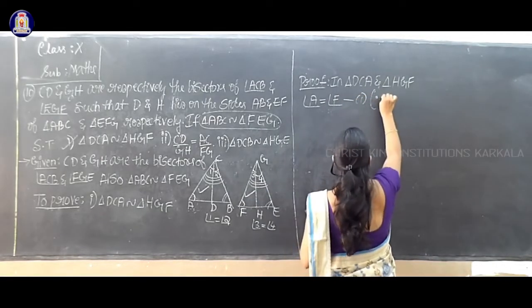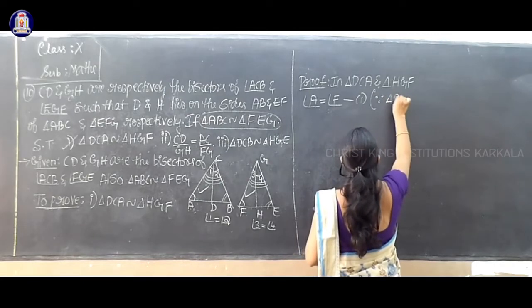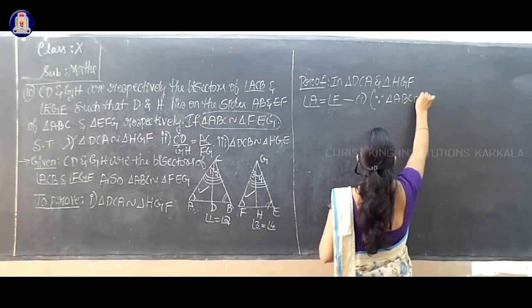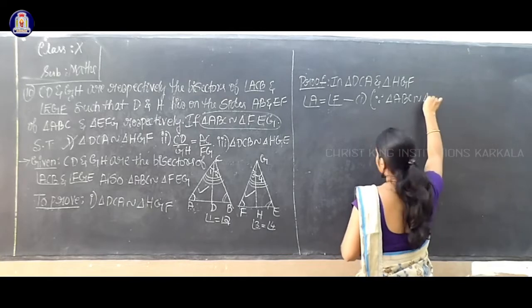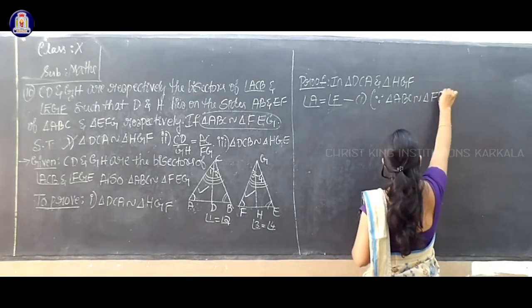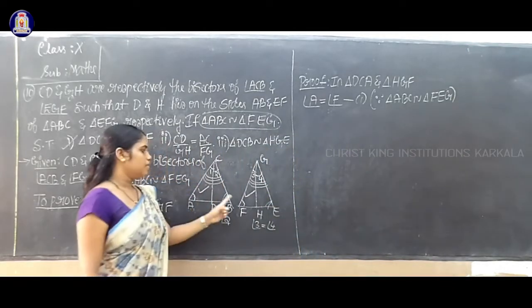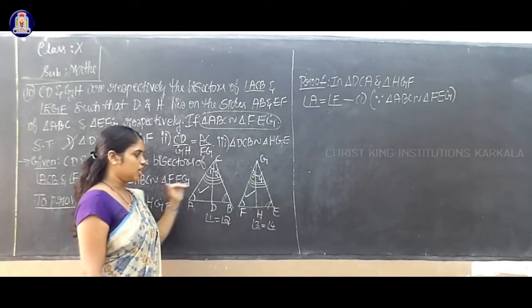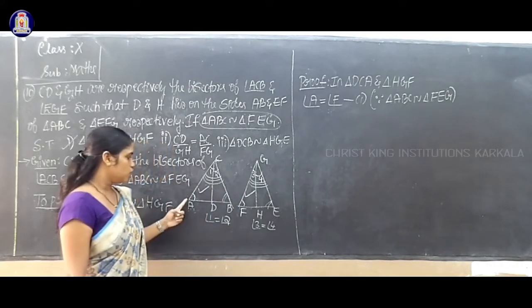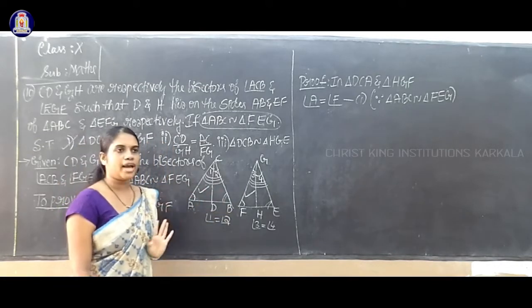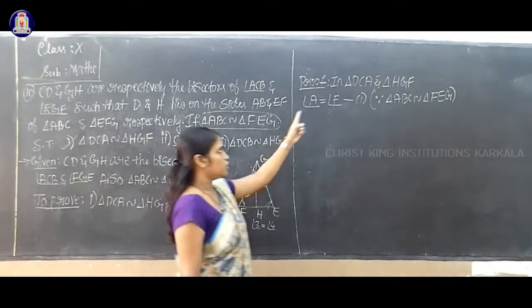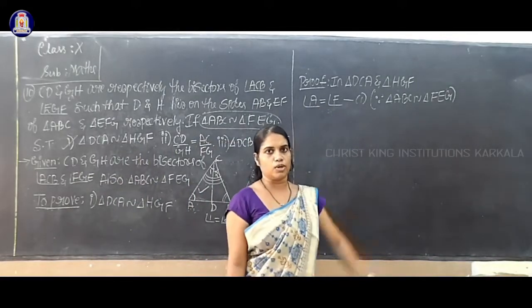What is the reason here? Since triangle ABC is similar to triangle FEG, corresponding angles are equal. So for angle A, the corresponding angle is F.